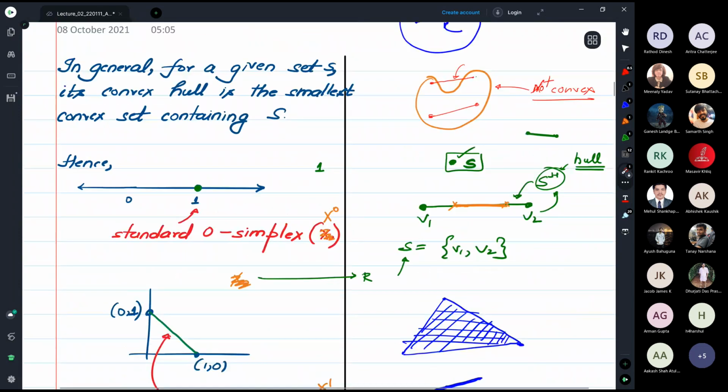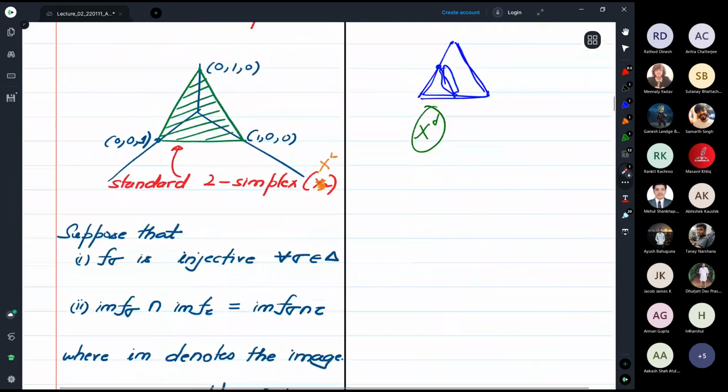All right. So what we have understood so far is this: suppose you come up with a function f which goes from v to Rn. Howsoever you come up with this function, so far I haven't told you how, every such function will induce this f sigma for all sigma in delta. So delta is a collection of subsets of this vertex set v.